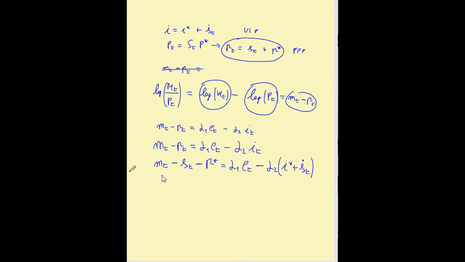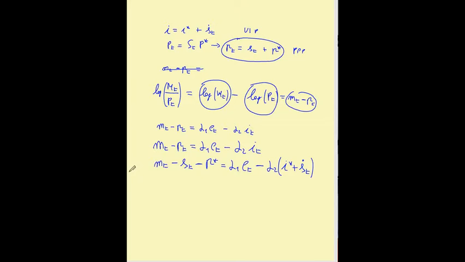Let me repeat again for people at home, okay? The real money stock should be equal to the real money demand. If we apply the purchasing power parity and the uncovered interest parity, we get this equation, and from here we have the dynamic equation of the exchange rate in the monetary approach.